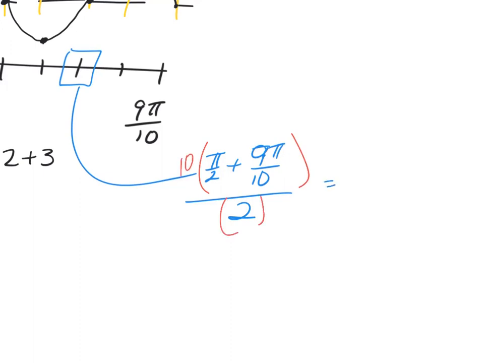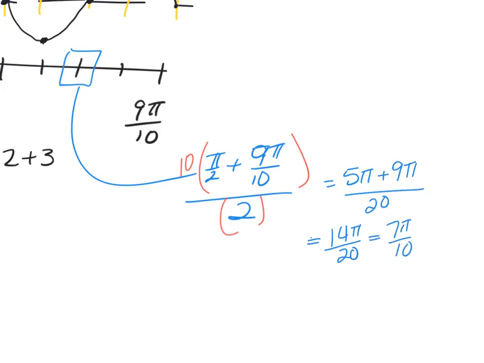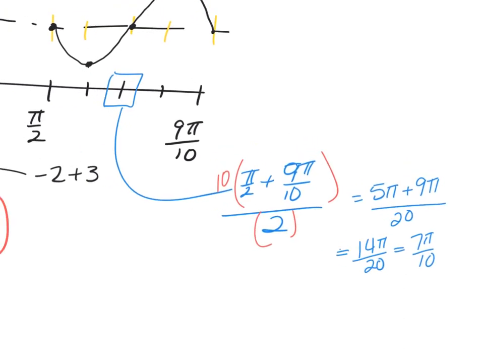When I multiply 10 by pi over 2, I'm going to get 5 pi. When I multiply 10 by 9 pi over 10, I'm going to get plus 9 pi. And then the denominator, I'm going to get 20. So I end up with 14 pi over 20, which reduces to 7 pi over 10. So the halfway mark is 7 pi over 10.